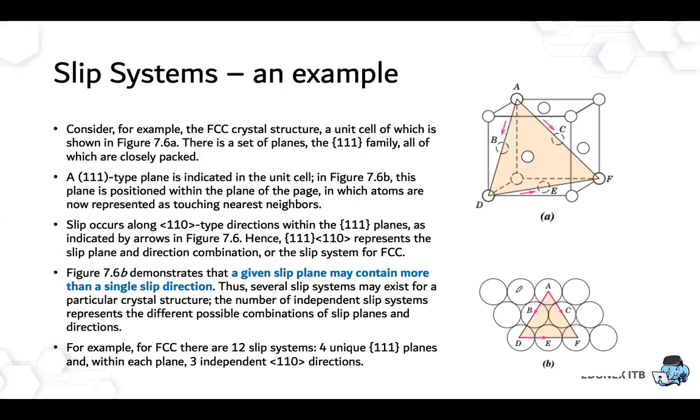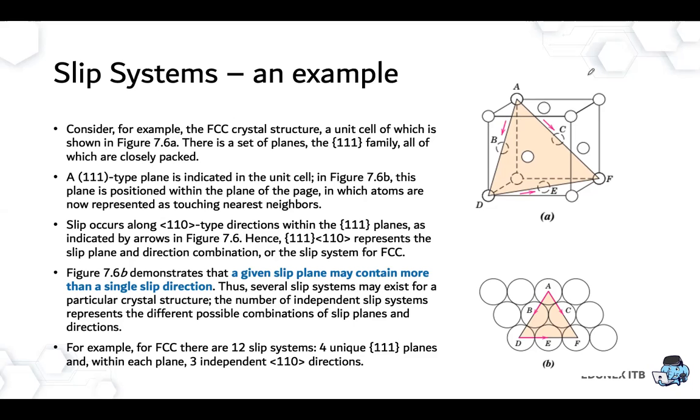For example, you can see the FCC structure here, face centered cubic. If you look closely, or if you have the 3D models, in this one I have the 3D model for BCC, not FCC. I think I should find the FCC one. We see that this set of planes of 111 is our close pack.